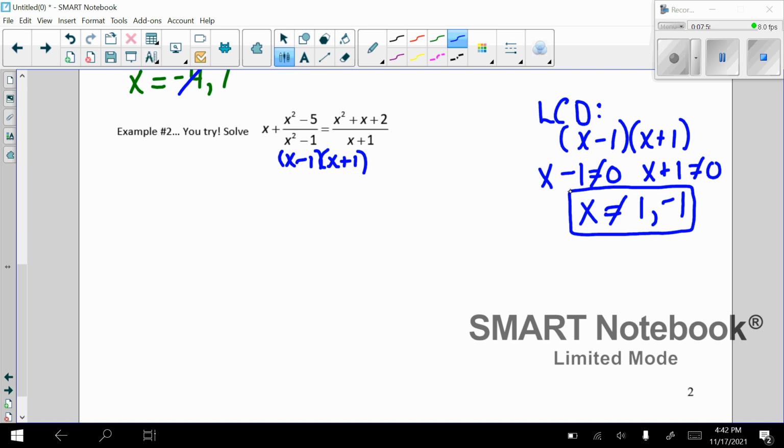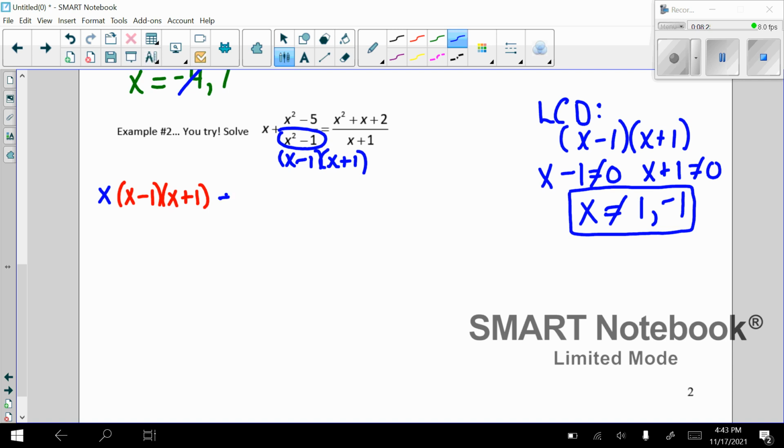So remember, what we do is multiply every single term by x minus 1 times x plus 1, which, by the way, is the same thing as x squared minus 1. So I'm going to do a rewrite here just to make sure that everybody understands what we're doing. We take our first term and multiply it by x minus 1 times x plus 1.